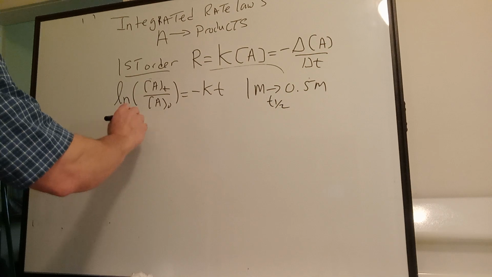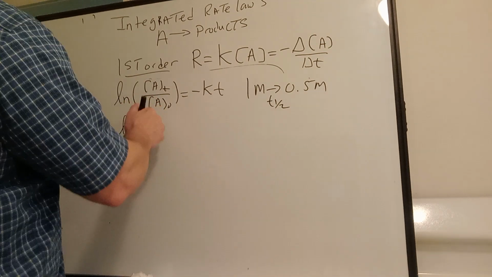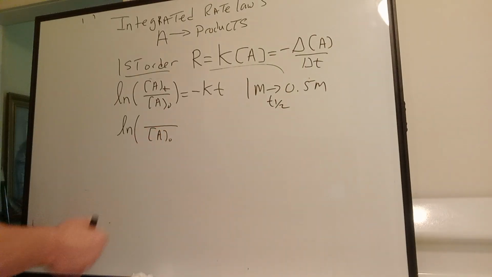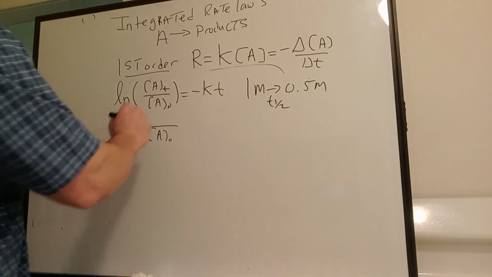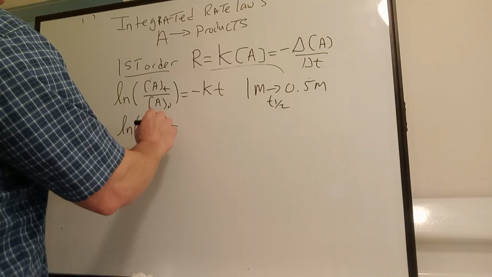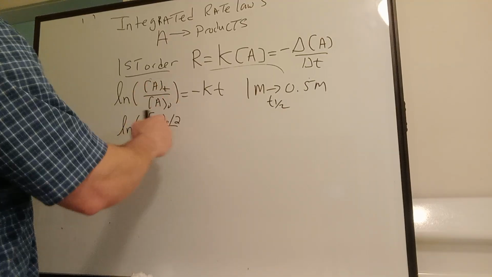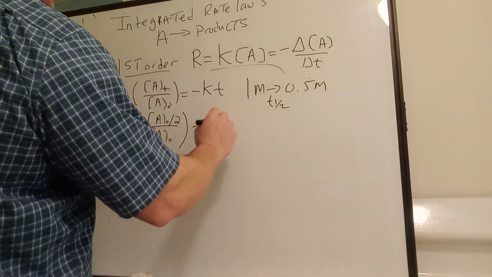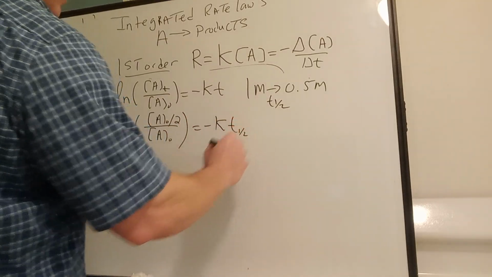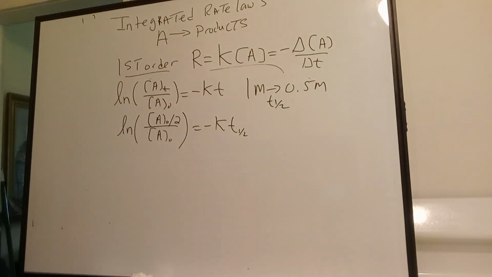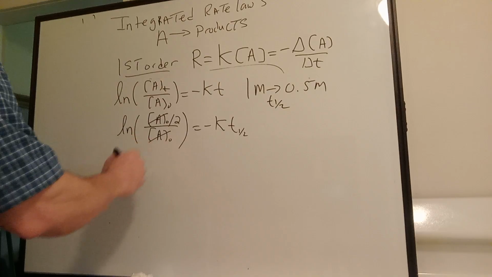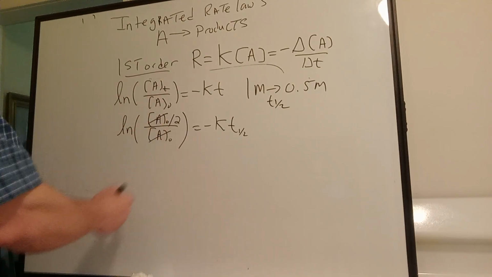So just to get a general form for a half-life, if you have initial concentration A sub 0, that's your concentration at time 0 when you begin the experiment. For half-life, that would mean that A sub t will be A sub 0 divided by 2, equal to minus k times t 1/2, to denote that we're talking about half-life. The A sub 0s, or A sub naughts, cancel out.